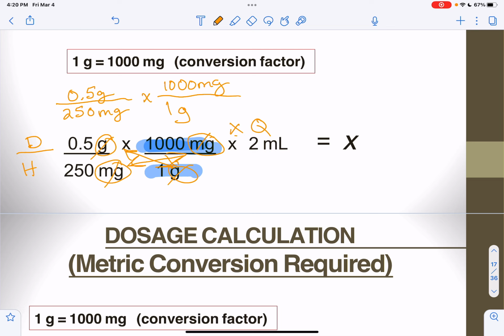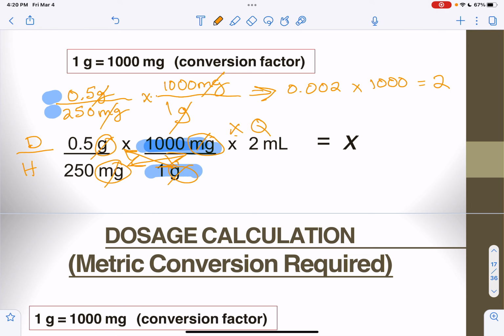Now we can do our math, starting from left to right. 0.5 divided by 250 is 0.002. And then we're going to multiply that times 1,000. Okay, and these have canceled out. Milligram, milligram cancels, gram and gram cancels, so we can forget all of those. And that gives us 2.